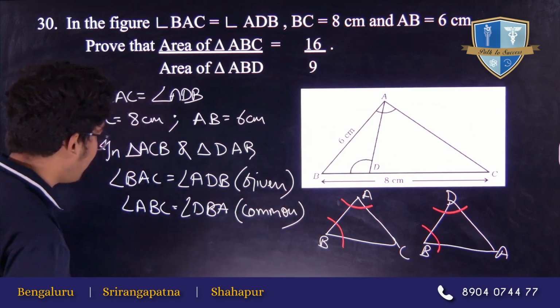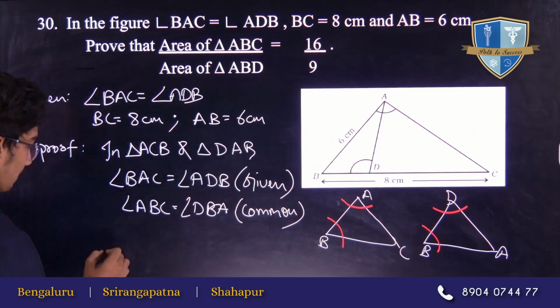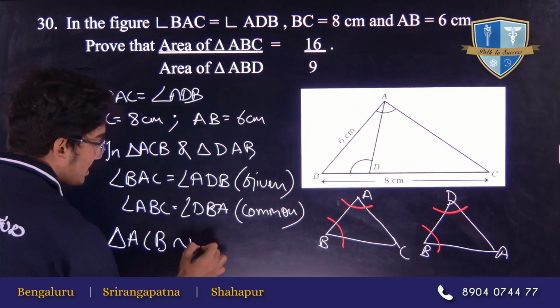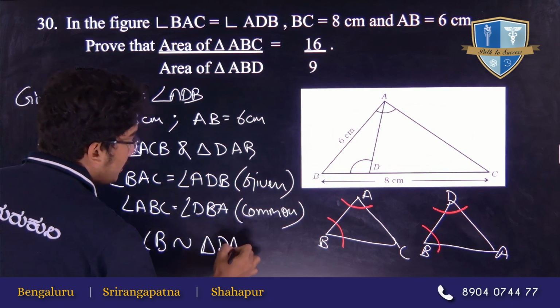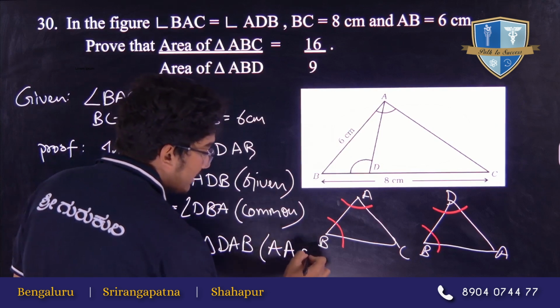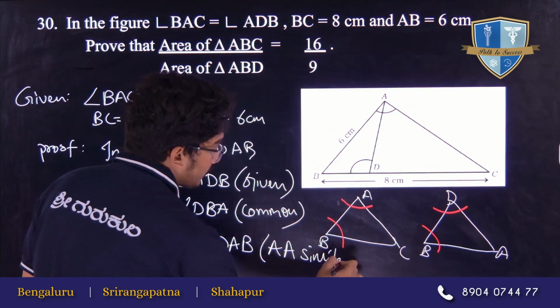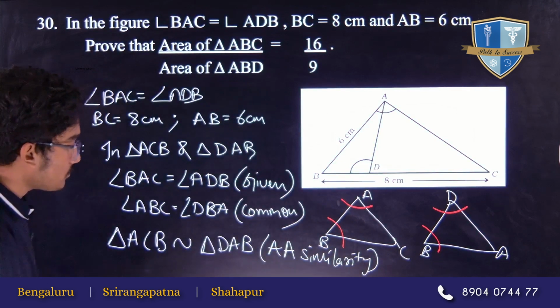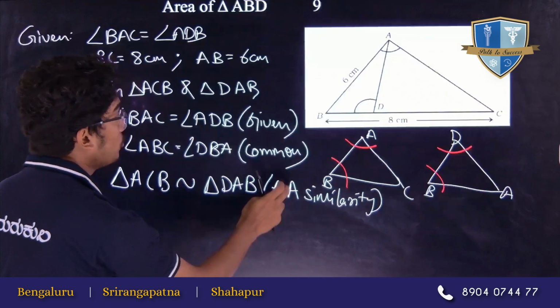So if two angles are equal, then triangle ACB is similar to triangle DAB through the angle similarity criteria.